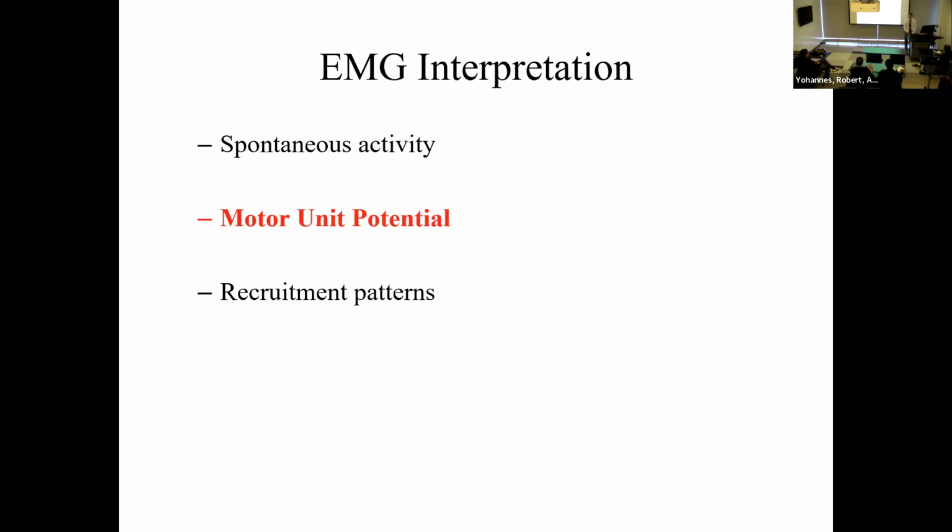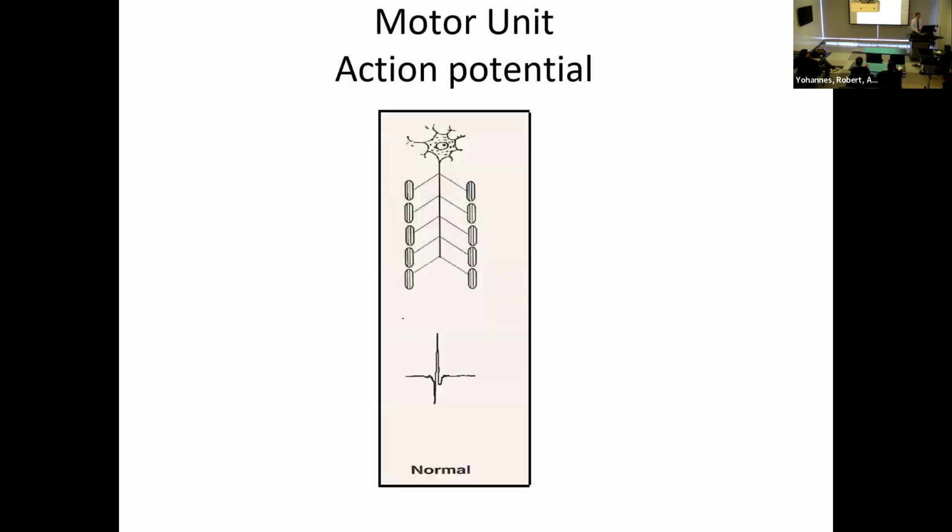Usually abnormal, there are situations where it's normal, and we gave 2 examples: fibrillations and positive sharp waves, which are a marker of denervation, and fasciculations, which are a marker of abnormal activation of the motor unit. Okay, so now we're going to analyze motor units.